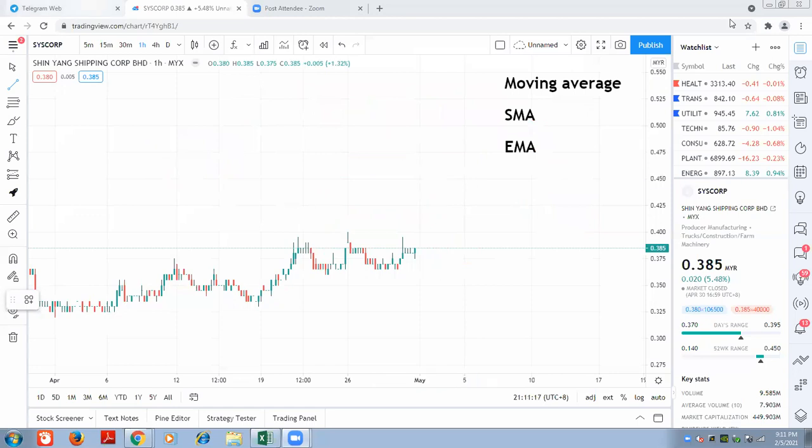So when it comes to the EMA, they use the SMA as a base. They need a weighted value. A weighted value is what we call in Malay pemberat, something that amount needs to be adjusted from this base value for the SMA.